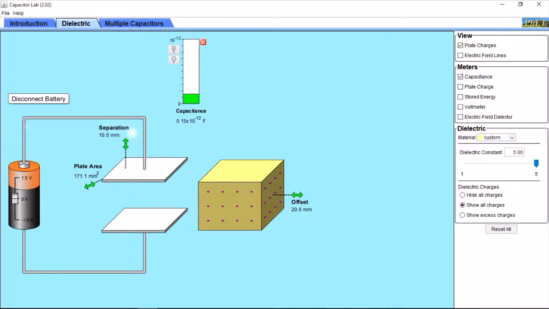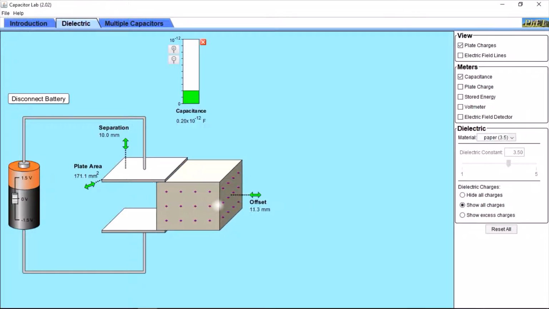In the previous example, the separation gap was filled with air. Let's look at what will happen if we change the dielectric material, for example, a paper material.